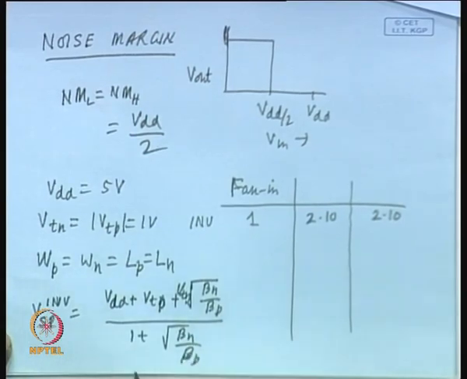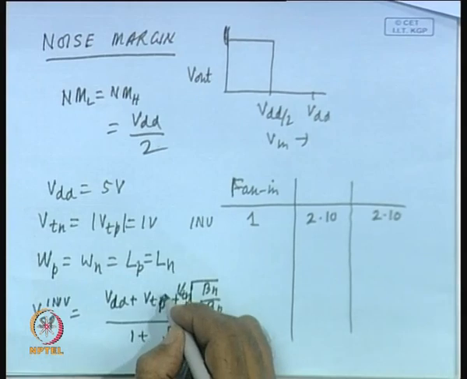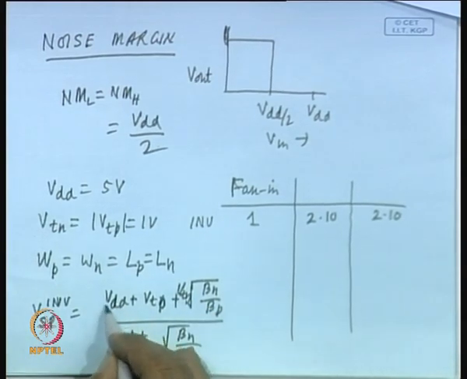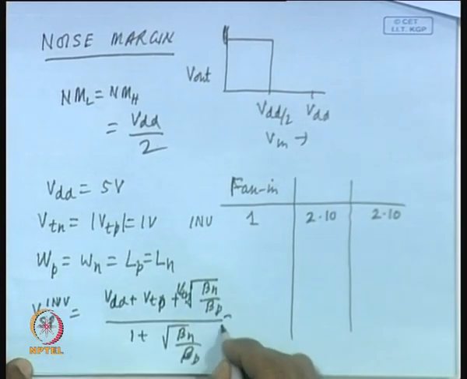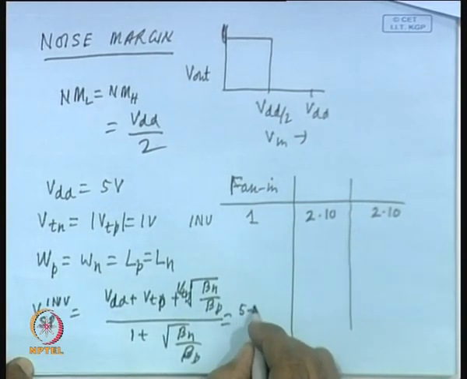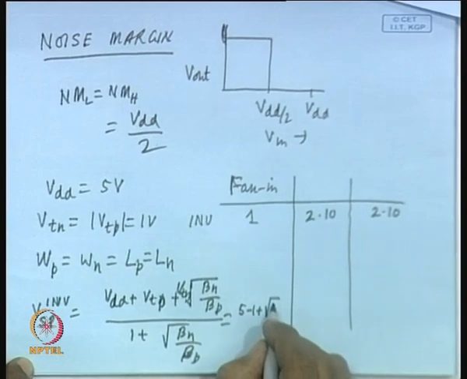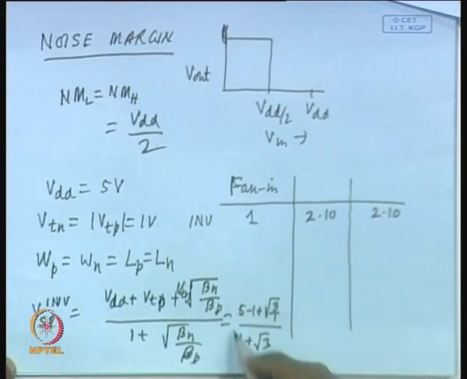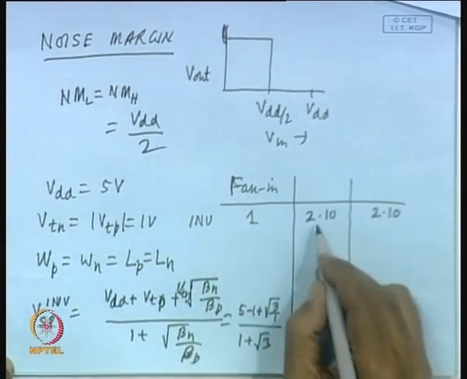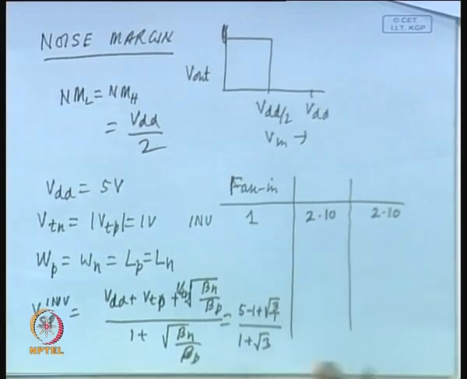In this particular case, VDD is 5, VTP is 1. So, VDD minus VTP will be 5 minus 1, plus root of beta n by beta p, which will be equal to 3 by 1, and similarly the denominator will be equal to 1 plus root 3. So, if you simplify it, you will get 2.10.